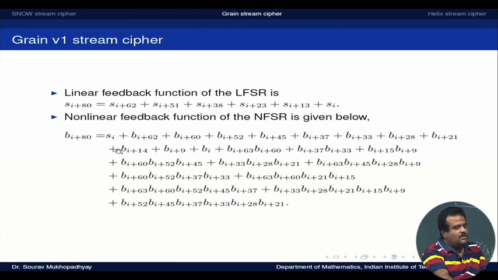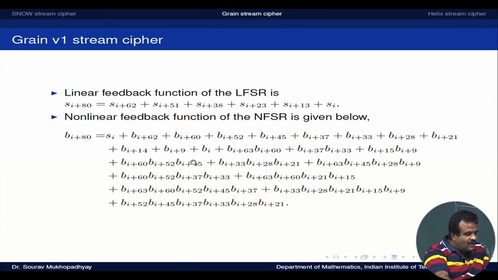So this is what we are doing here. This is our G function. G involves many bits from the NLFSR, like the 62nd bit, 68th bit, 52nd bit, 45th bit, and so on. All these bits are involved, and this is not a linear function.